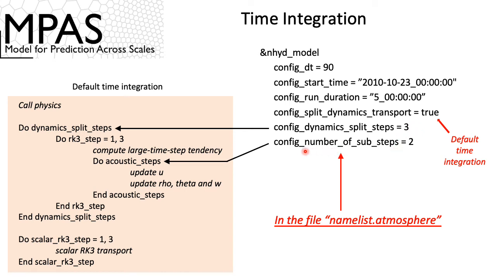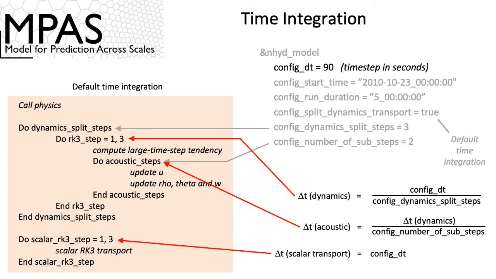And the second one is config_number_of_substeps, and those are acoustic substeps inside each dynamic substep. Here we set that equal to 2. That's the default. So these are all default settings that you'll see for a typical configuration for a real data simulation on the sphere using MPAS.